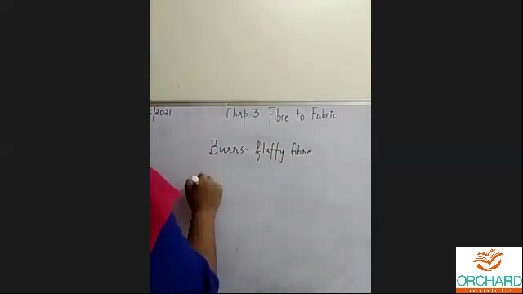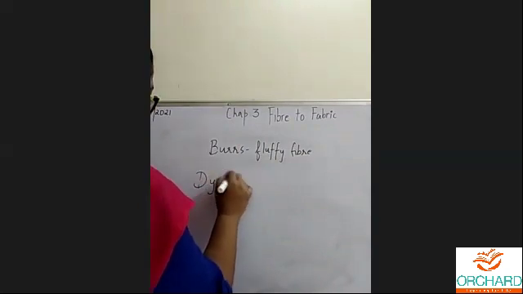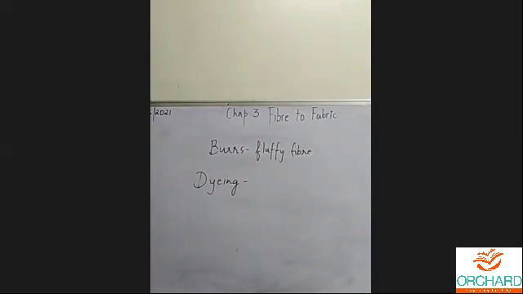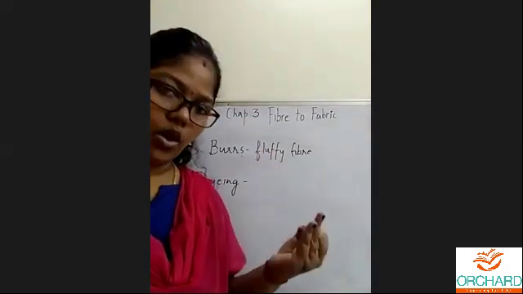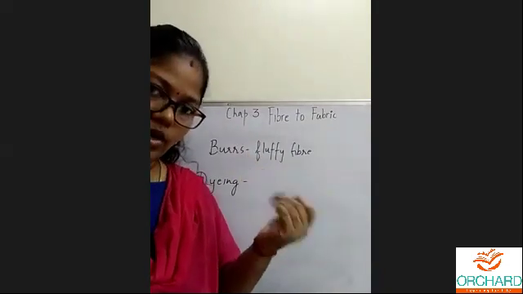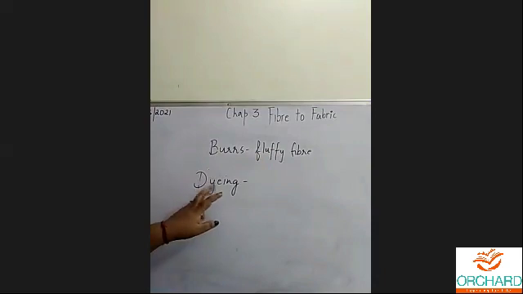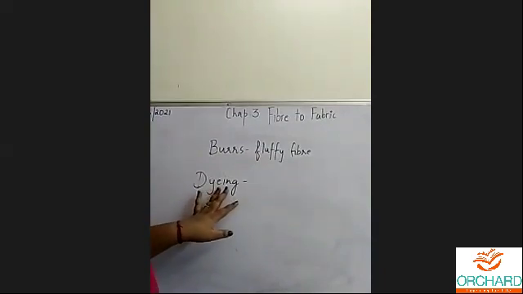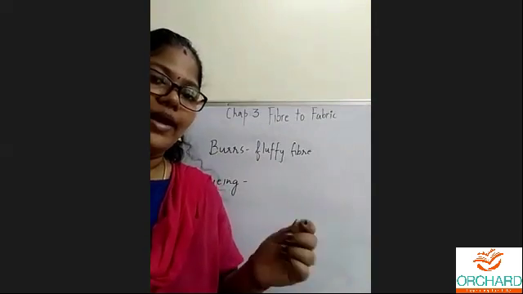Then after that comes dyeing. So first is shearing, scouring, sorting, then grading, then the fifth one, which is dyeing. Now dyeing, you would all have understood by the term. Generally wool is off-white, creamy or white in color, very light.